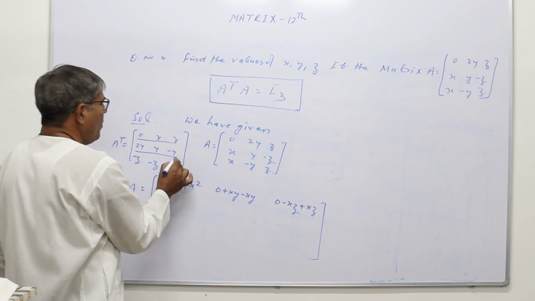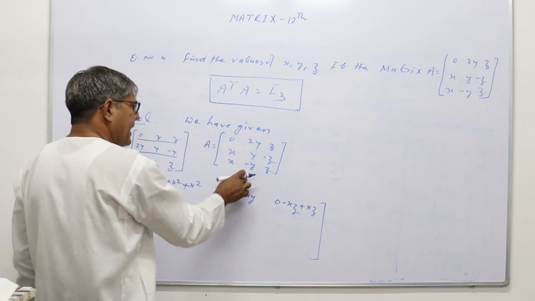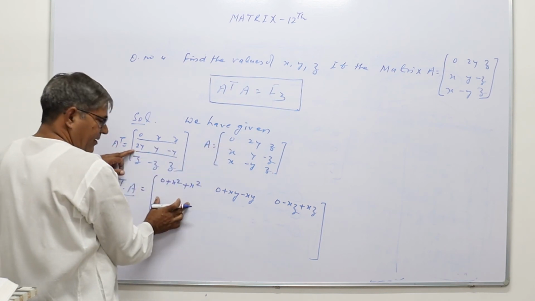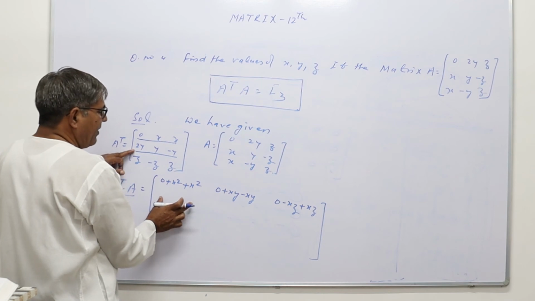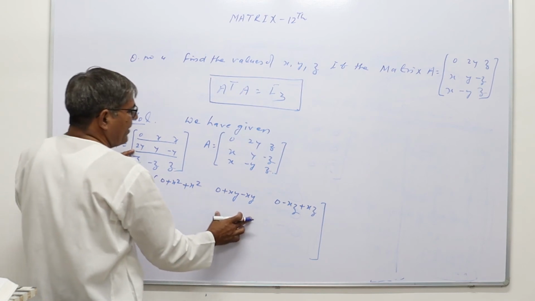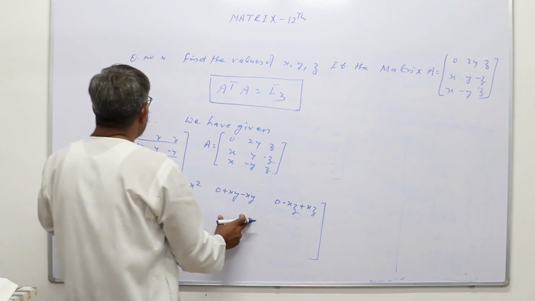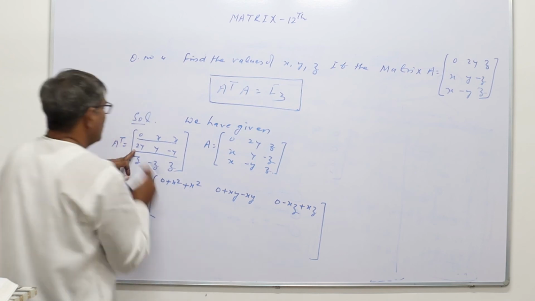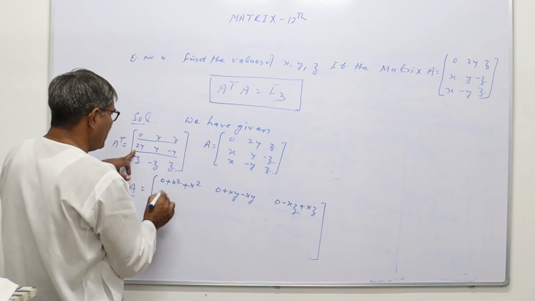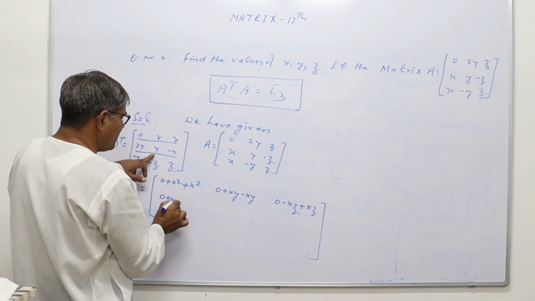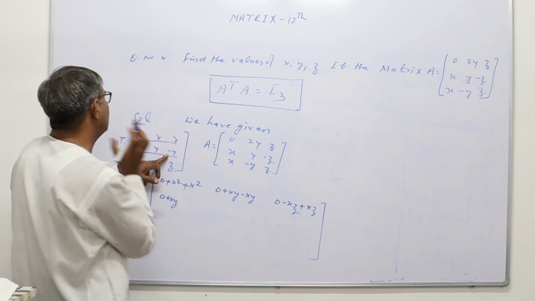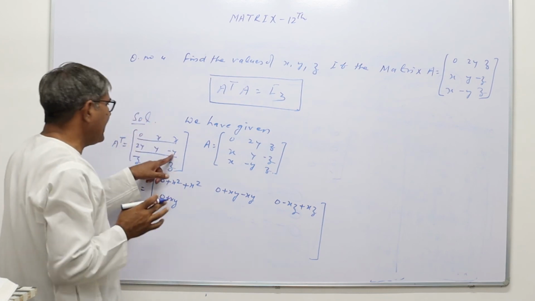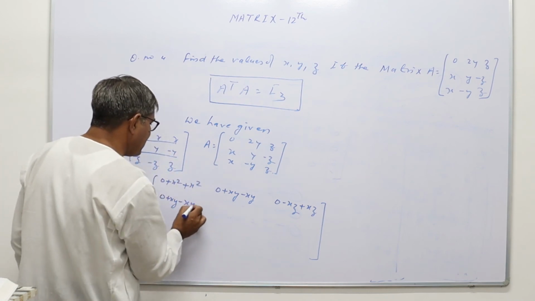Now take the second row, multiply with the first column, second column, then third column. So 2y into 0 is 0, y into x is xy, minus y into x is minus xy.